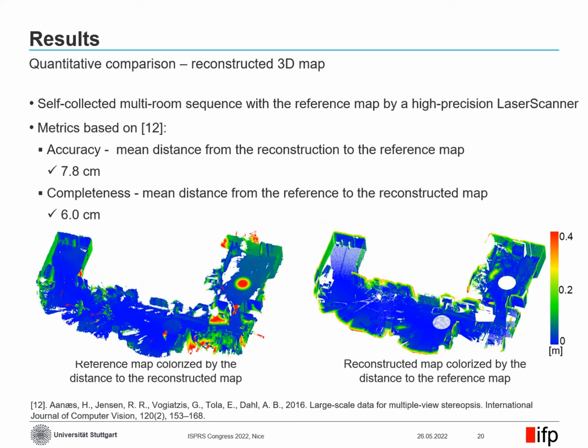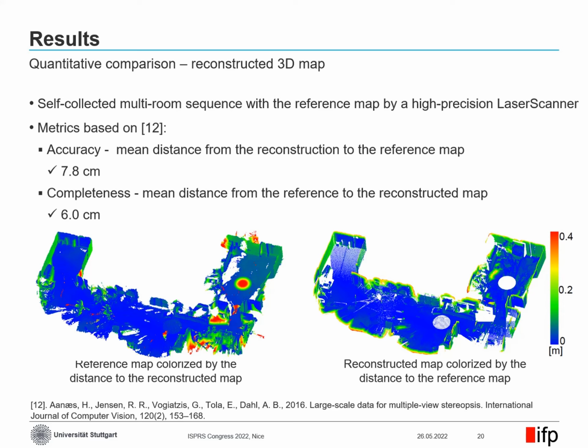Along with the trajectory, the final reconstructed 3D map is evaluated quantitatively. For this purpose, we have collected a multi-room sequence with a reference map by a high-precision laser scanner. The evaluation is based on 2 metrics. On the one hand, the accuracy is computed by the distance from the reconstruction to the reference map, as shown in the figure on the left.